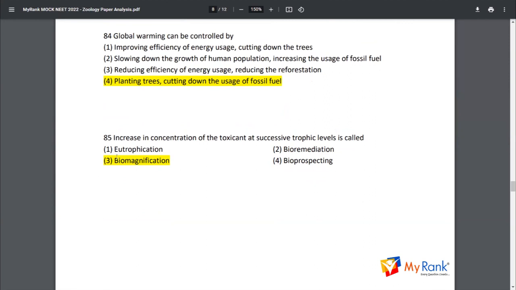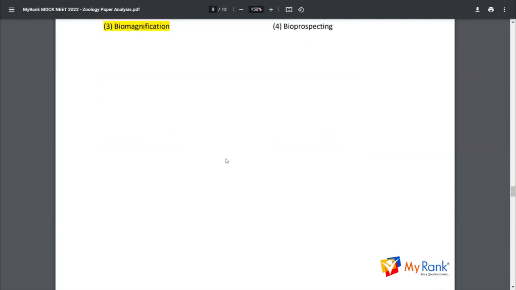The example for that is DDT. By the time it reaches the birds, which are in the highest trophic level, it is multiplied many folds, resulting in disturbed calcium metabolism in those species. So that is one classic example of biomagnification.